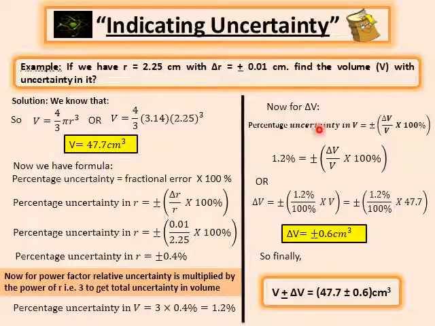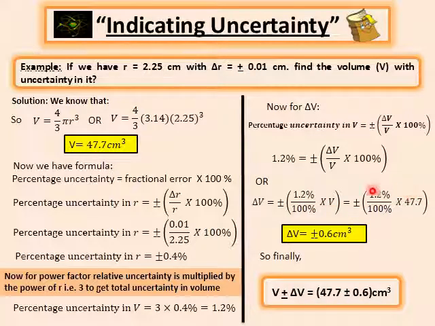By putting the values we get 1.2%, which we found already, equal to ±ΔV divided by V × 100%. After simplifying this relation, we get ΔV equal to ±1.2% divided by 100% multiplied by V.